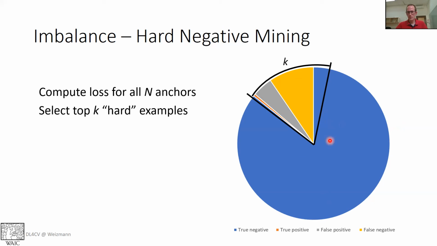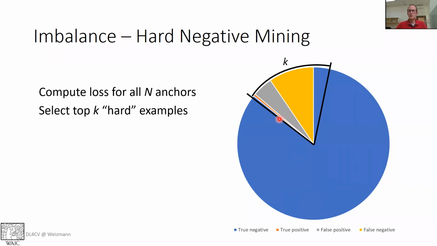Remember that we already ignored some of the anchors that have intermediate overlap with the object, so we can discard them. And now we are going to ignore even more. All these objects that were correctly classified, we're simply going to ignore them when we compute the gradient.